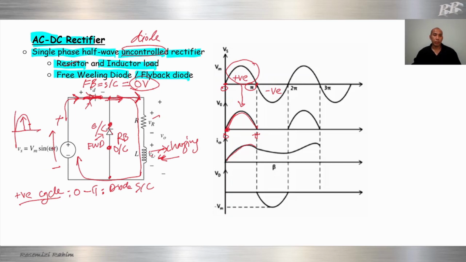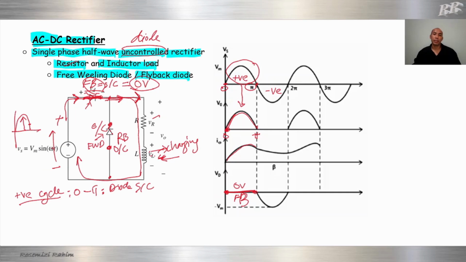For our diode, that is forward bias, so the waveform of the diode will be short circuit here due to forward bias. 0 volt, forward bias. Short circuit, 0 volt.